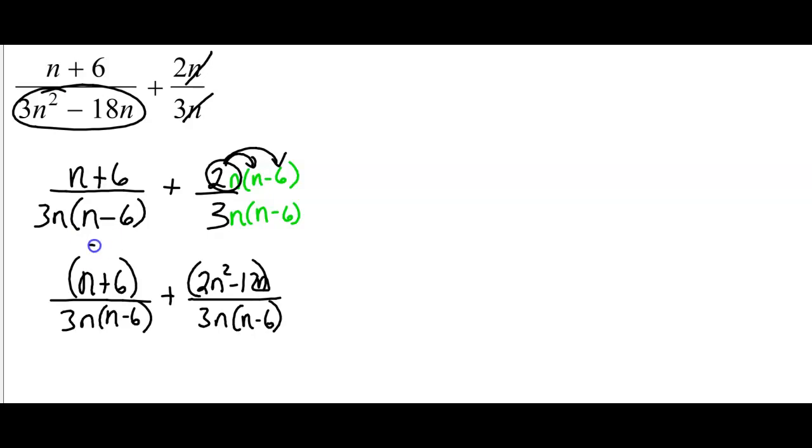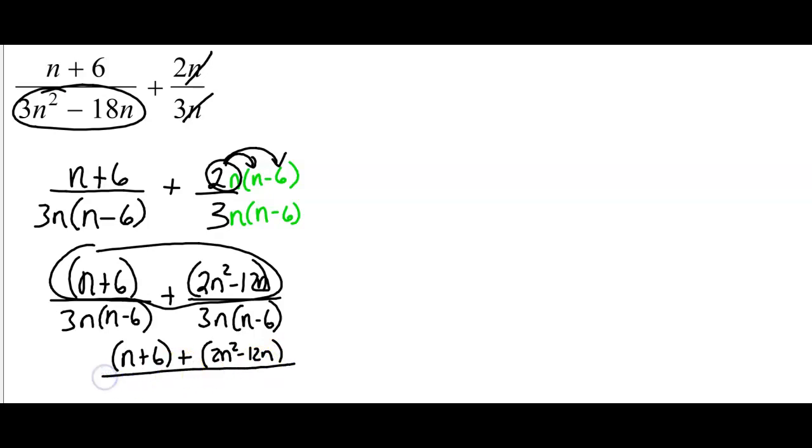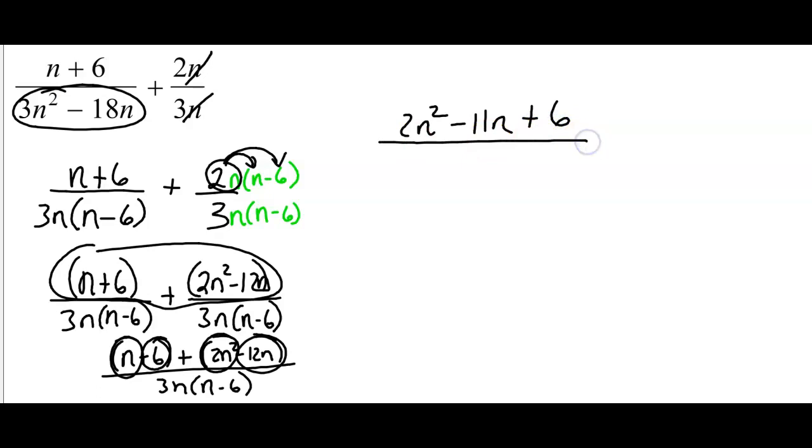All right, now that we've got a common denominator, we can go ahead and combine these together. Combining like terms, I've got a 2n squared there, which stays the same. I could put this n and this minus 12n together to get negative 11n, and then 6 doesn't have anything to combine with, so that's going to stay there.